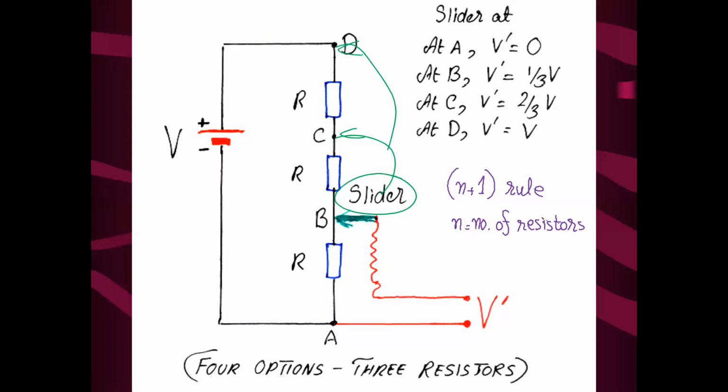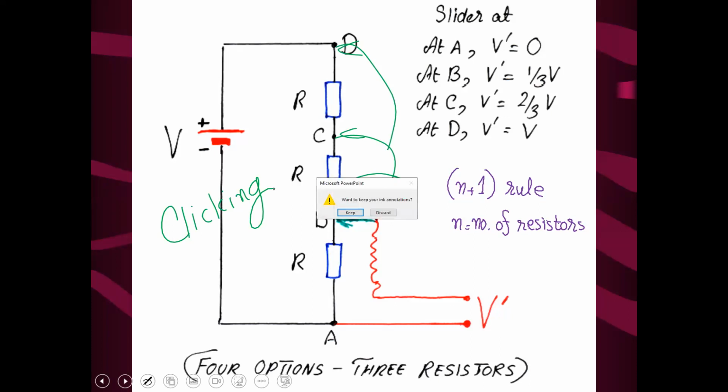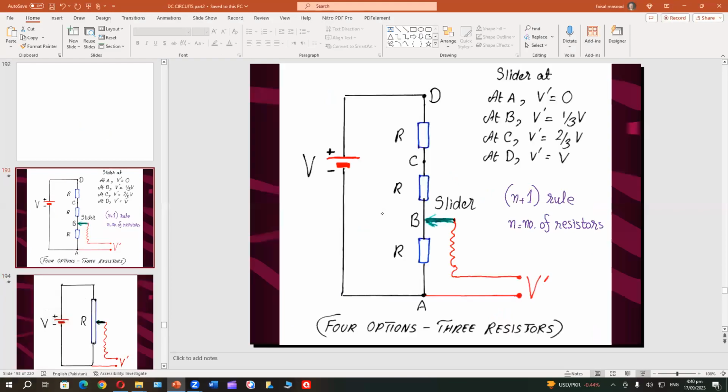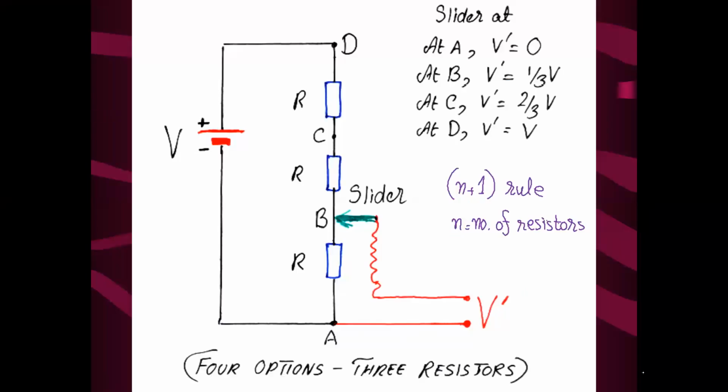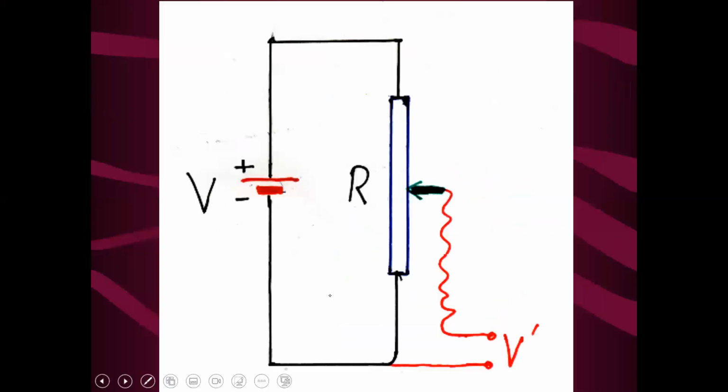So if you have more resistors, you will have more clicking options. You can click more times, just like a regulator of the fan, so you can move it in more steps.